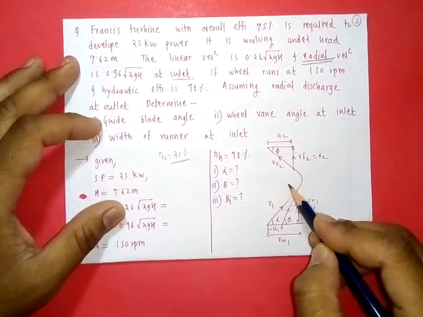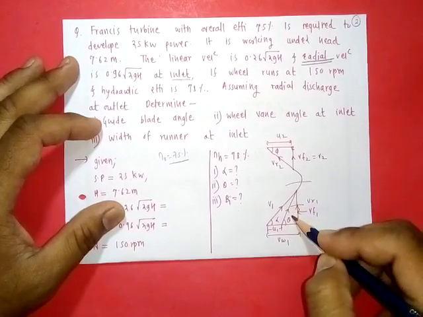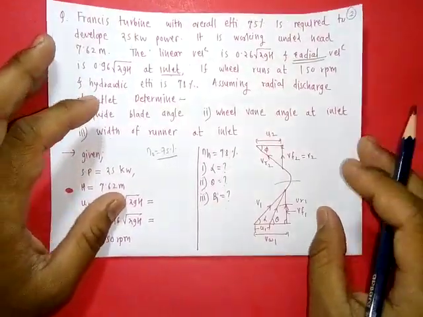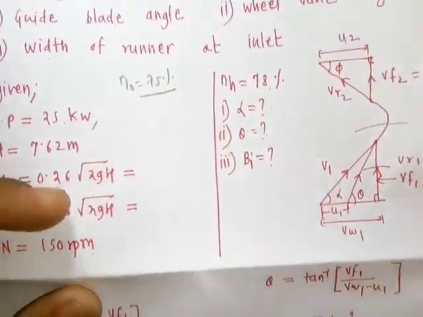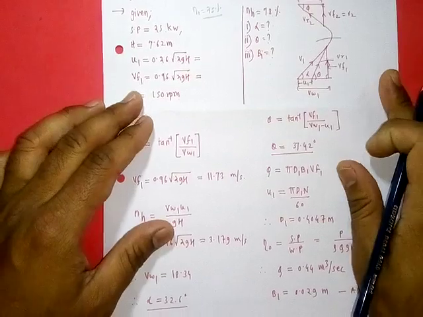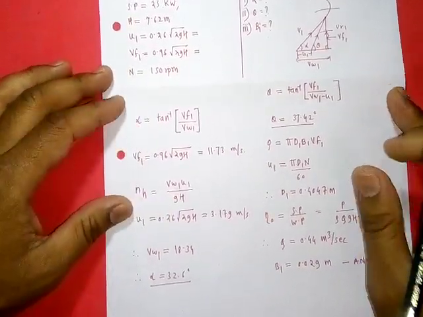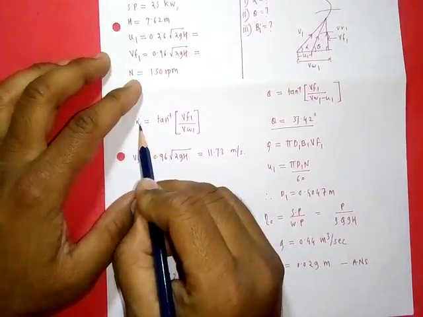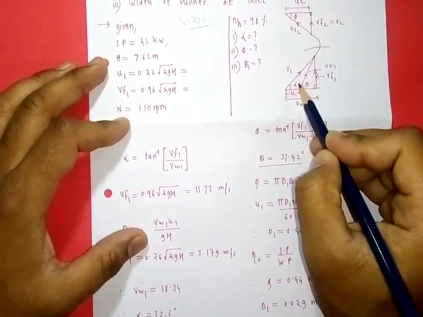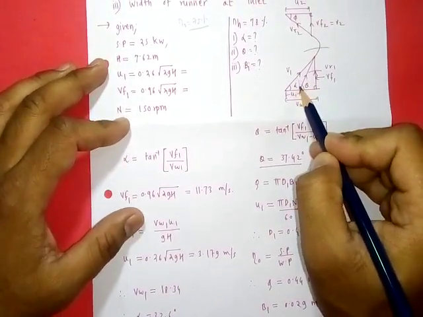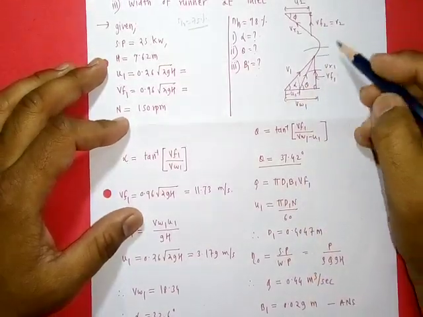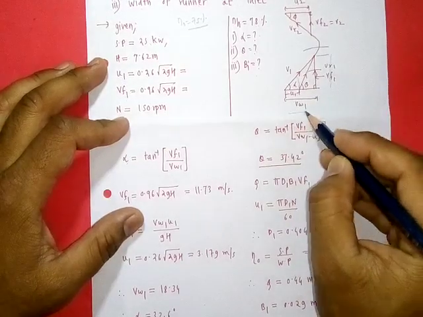So first draw this velocity diagram: v1, vr1, vf1, vr2, v2. Always draw the velocity triangle for hydraulic problems. Now first they have asked alpha. Alpha is in the inlet triangle, so this is our alpha. Tan alpha is equal to this vertical height upon this horizontal height.